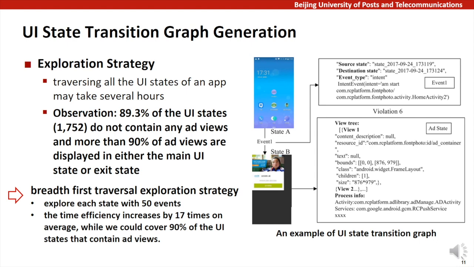So we take a breadth-first traversal exploration strategy. We explore each state with 50 events, and the initial experiments on 180 apps suggested that the time efficiency increased by 17 times on average, and we could cover 90% of the UI states that contain ad views.